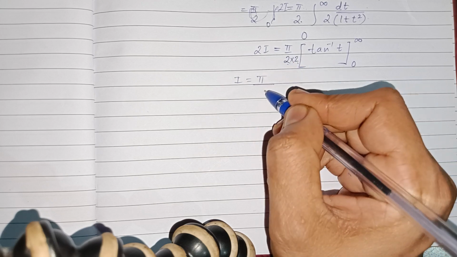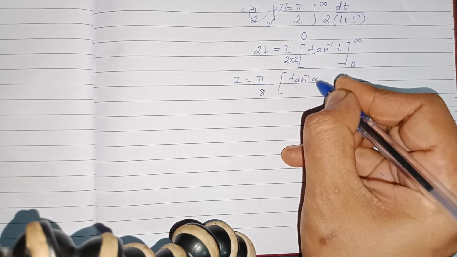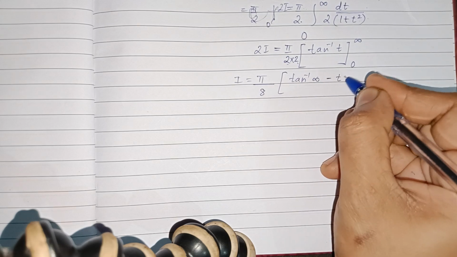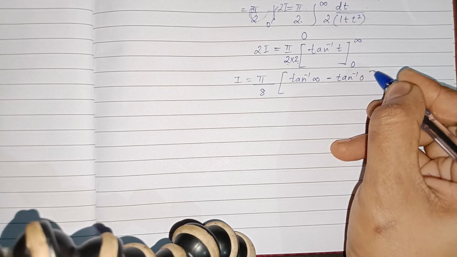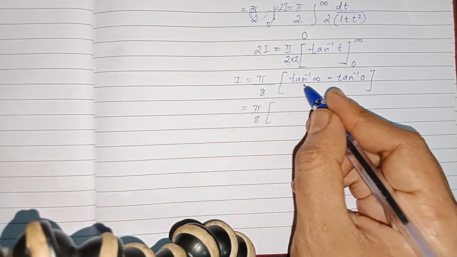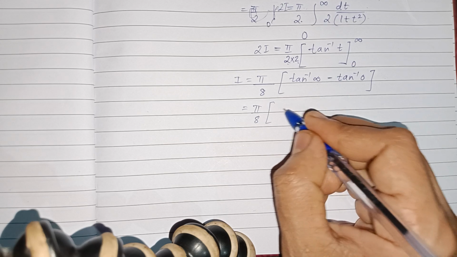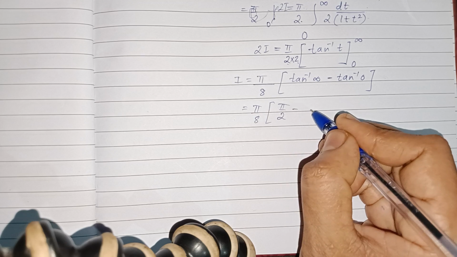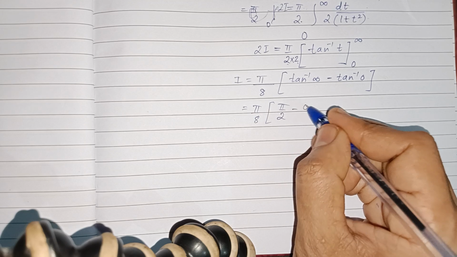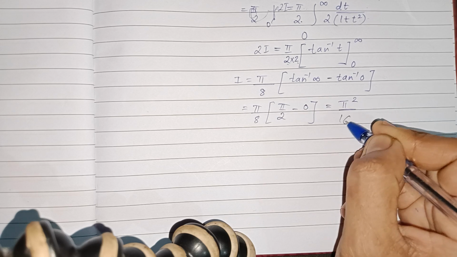Four and this 2, so 8. So this is 1 upon 0, so not defined. T is pi by 2 and 0 is 0, right? 16.